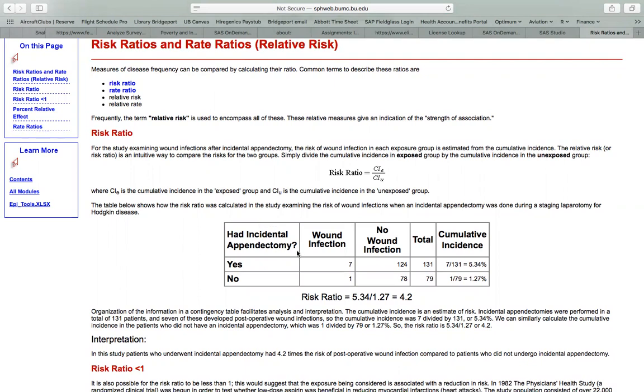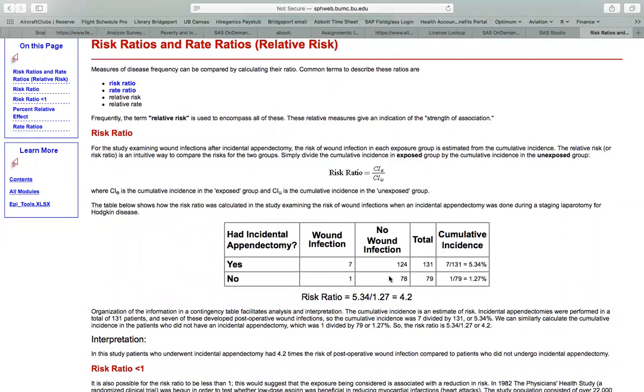Are you guys here? Look at this. We just divided these two.